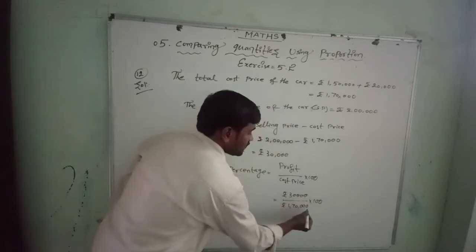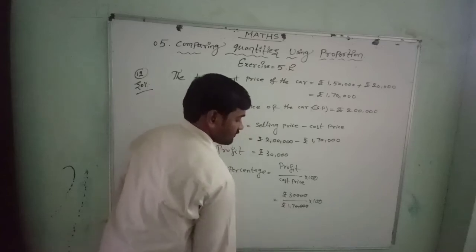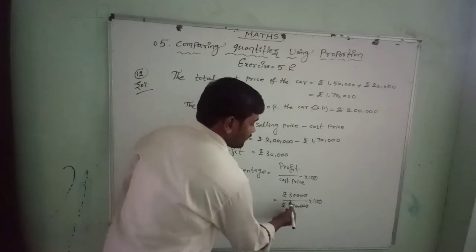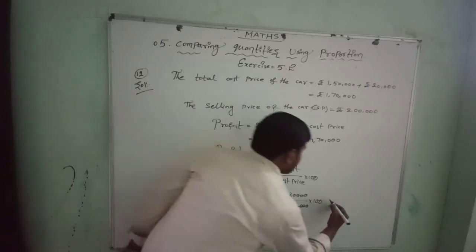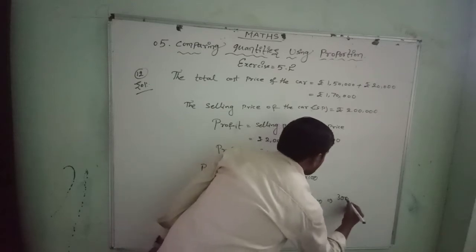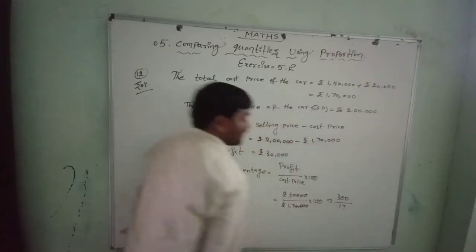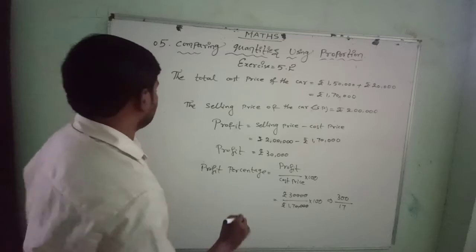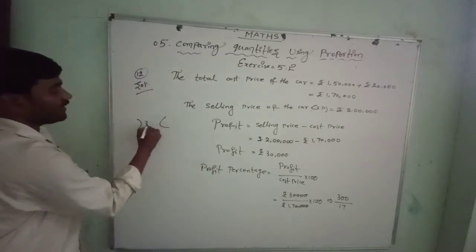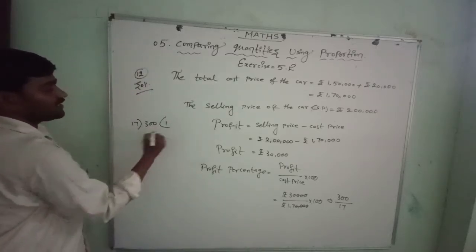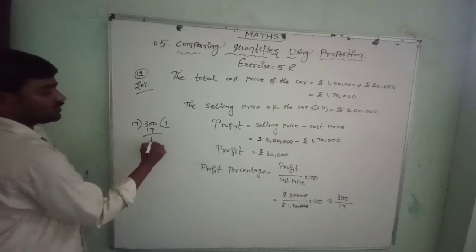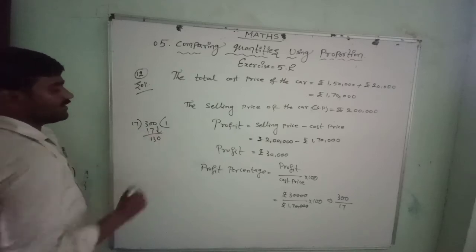Here 4 zeros and here 4 zeros cancel. Now 3 into 100 is 300 by 17. 17 ones are 17, so 13, and 130 will be left over.